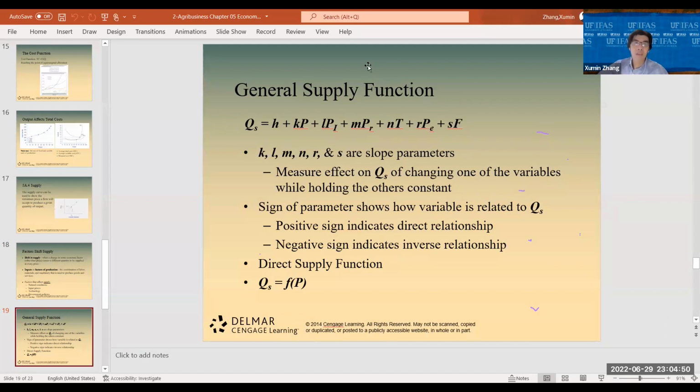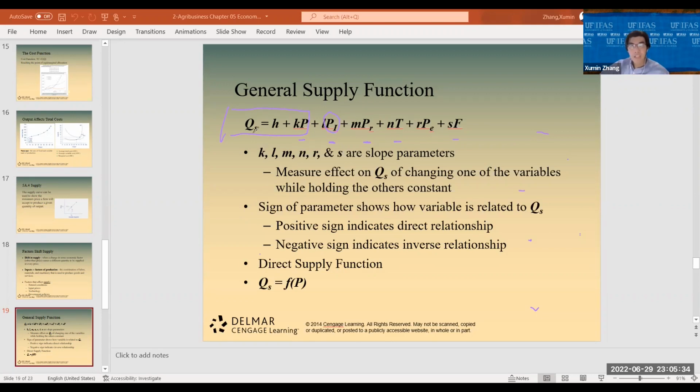What market factors? Price. Substitute product price, complement goods price. Technology. F means the number of factories, number of competitors. This P could also be the input price. Direct supply function, right? Direct supply function.